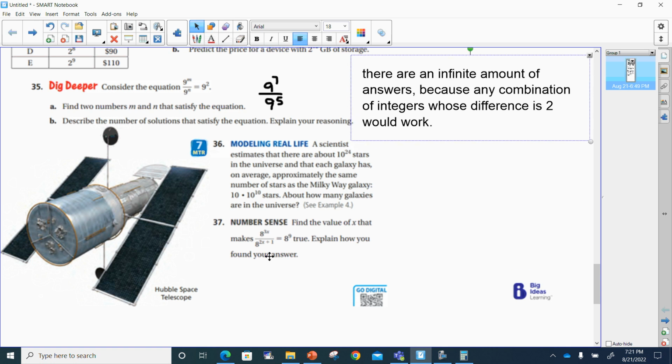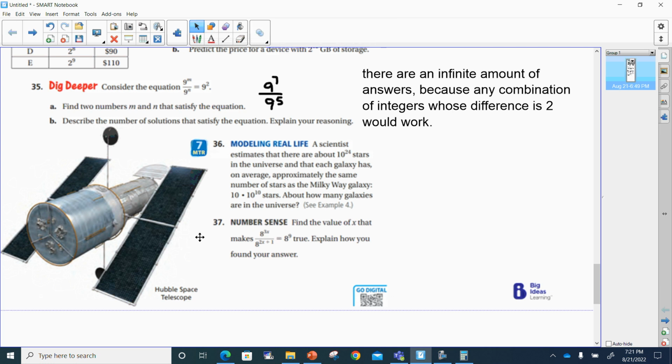Now let's look at number 37. Find the value of x that makes 8 to the 3x over 8 to the 2x plus 1, I believe. And I'm just going to expand this so I can see it a little bit better, because I want to make sure I'm getting the right numbers here.